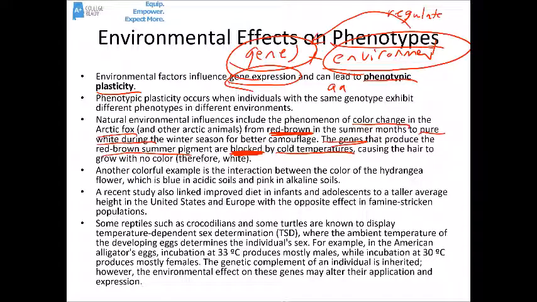Another example, pretty common, a lot of you probably have this plant in the flower beds around your house, the hydrangea. That plant, if it's grown in soils that are somewhat acidic, the flowers are this brilliant blue. But if they're grown in soils that are a little bit alkaline, a little bit basic, their flowers are brilliant pink. So again, genotype affected by the environment, which in turn affects phenotype.